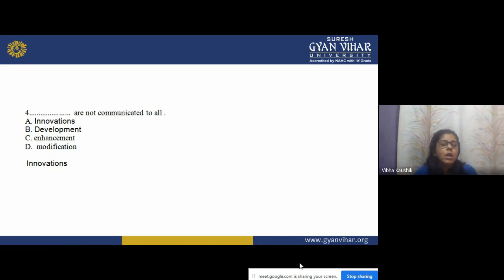Now the options are: A, innovations; B, development; C, enhancement; or D, the modification. So we are saying that innovations that have been done in any specific subject area must be communicated to all the stakeholders of education.